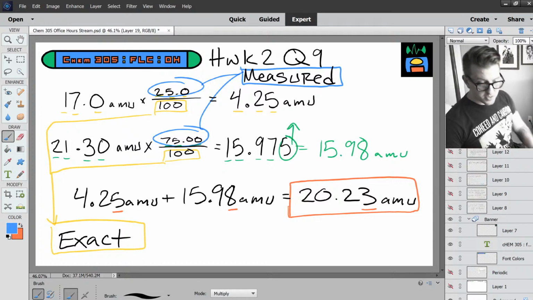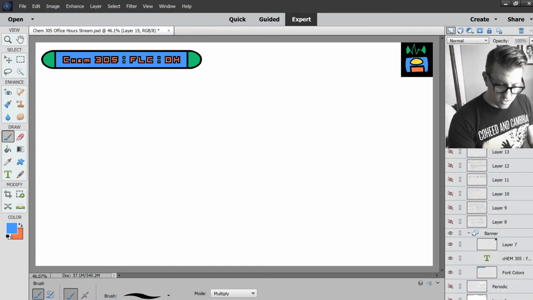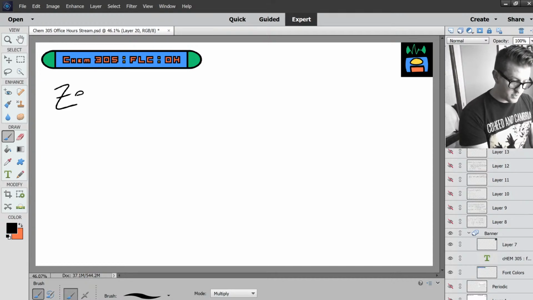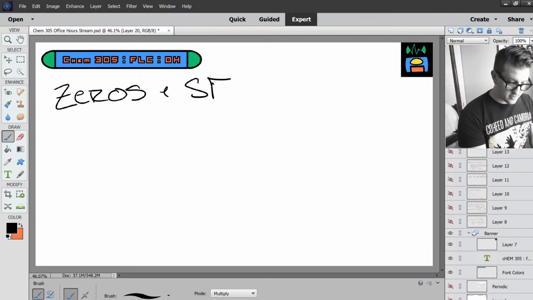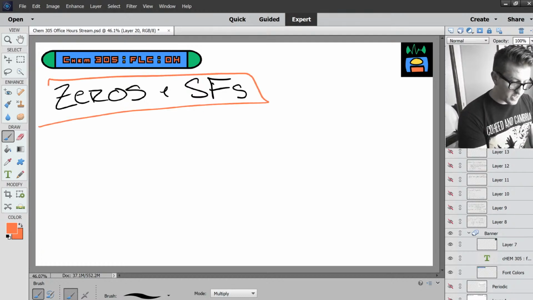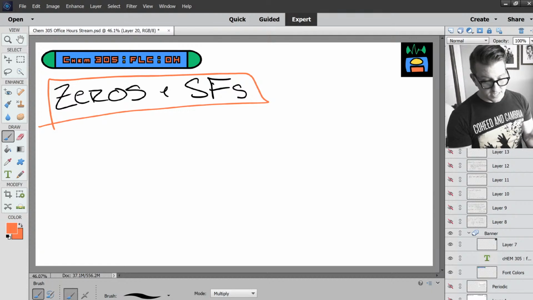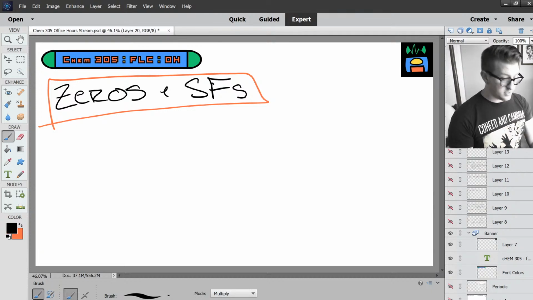Okay, so Susan, here's the thing to remember about zeros and sig figs. This is everything you need to know about zeros and sig figs. Zeros are significant under 2 conditions.